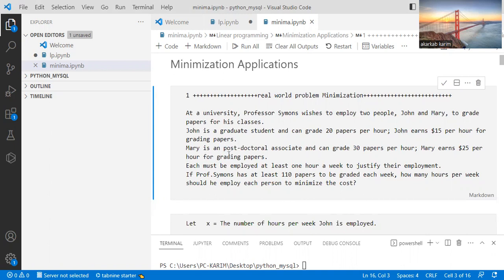Mary is a postdoctoral associate and can grade 30 papers per hour, and earns $25 per hour for graded papers. Each must be employed at least 1 hour a week to justify their employment. If Professor Seaman has at least 108 papers to be graded each week, how many hours per week should each person be employed to minimize the cost?